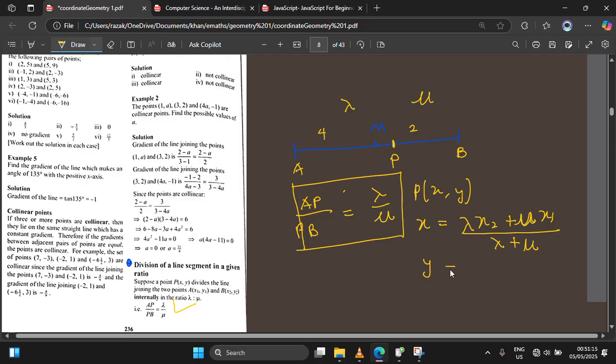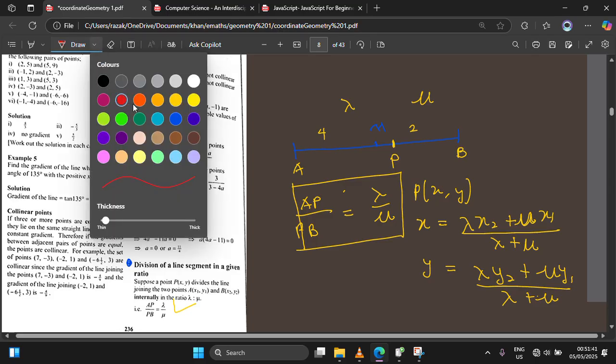Then y is given by the same thing, this is lambda. Perfect. So this is what we'll be using throughout.